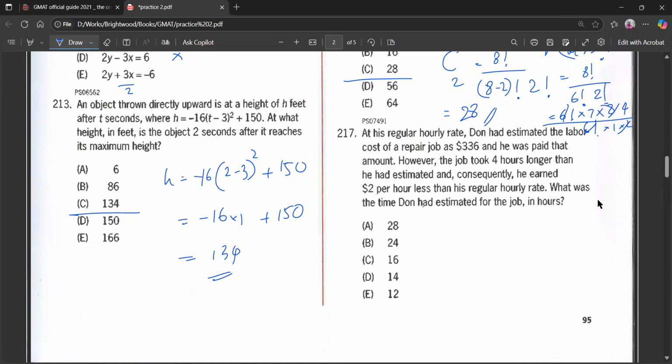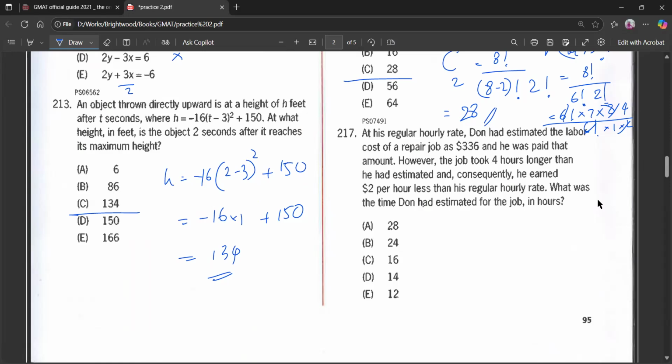What was the time Don estimated for the job in hours? What is the time Don estimated? That's something different.